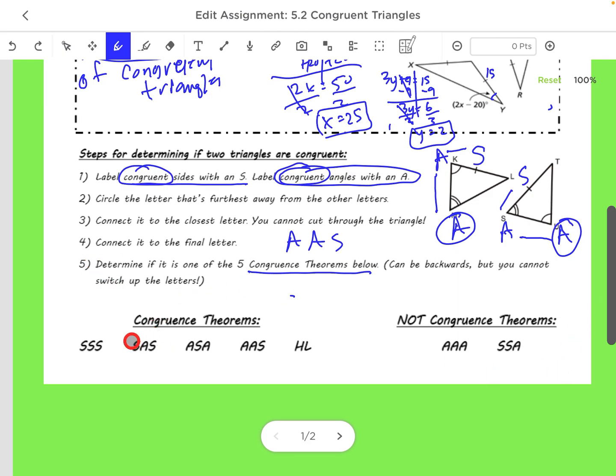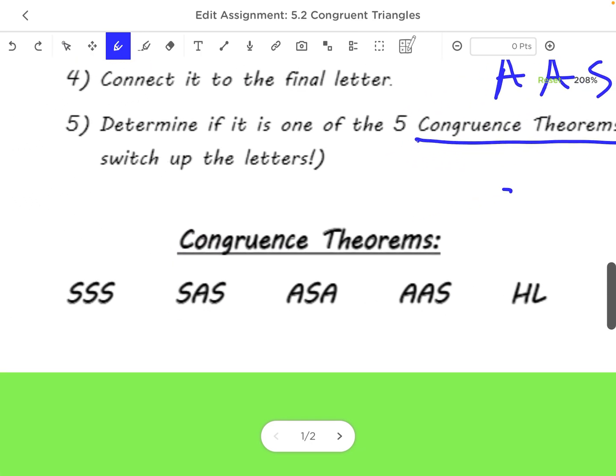Okay, now, when we do this pattern, if it matches up with any of these, it is congruent. If it doesn't match one of these, it's not. So, if our order was SSS, that stands for side, side, side, then it is congruent. If it's SAS, which is side, angle, side, then it's congruent.